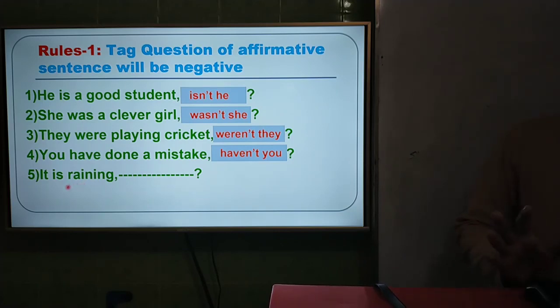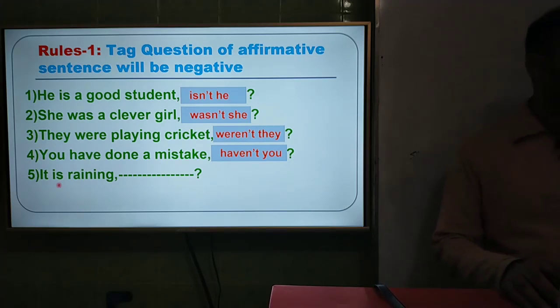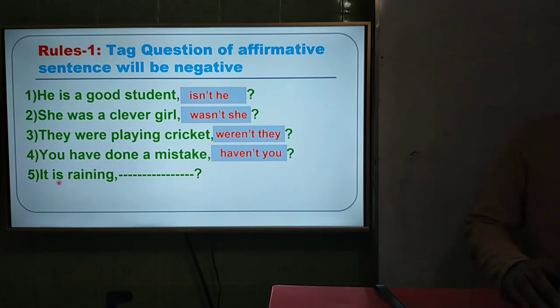Here the operator is is. We have to use this operator to make the tag question of the sentence. The long form of the negative is is not, and the short form is isn't, and we have to always use this short form to make tag questions. So the answer will be isn't it. Here the subject is it. So the answer is isn't it.